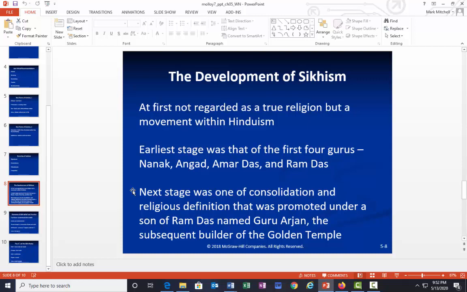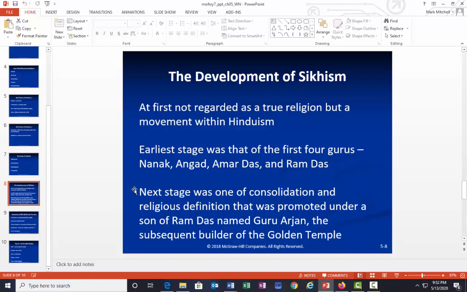Again, he believes that with his revelation, this is what he should be doing. They kept doing this for a long period of time, and Mardana finally died in his 60s. And then after that, Nanak died as well in somewhere around 1539. But he is considered the first in a line of 10 Sikh gurus or spiritual teachers.